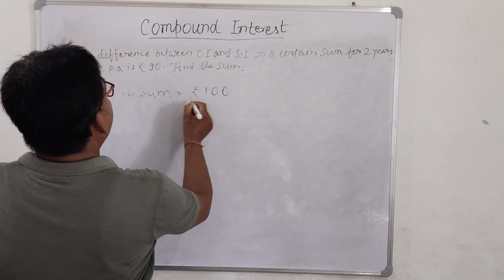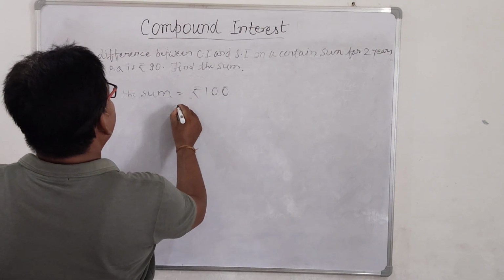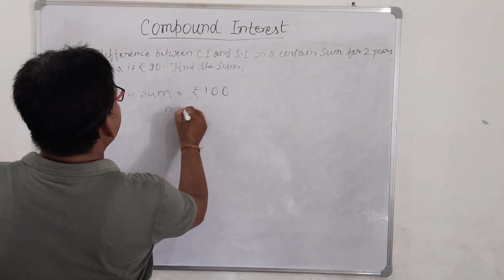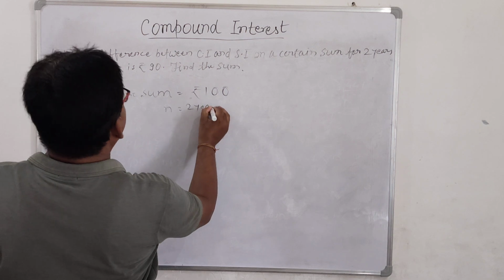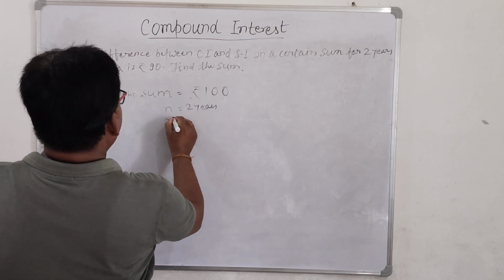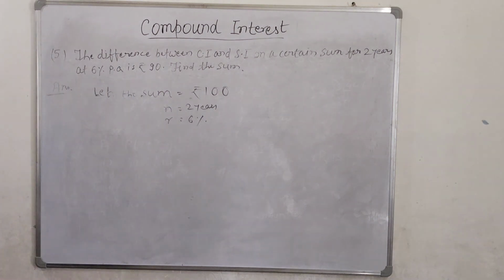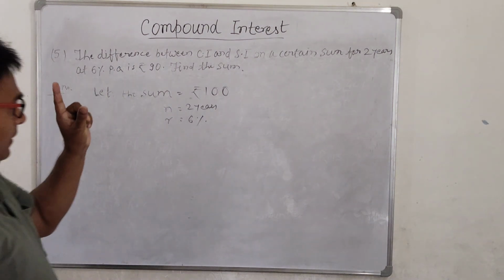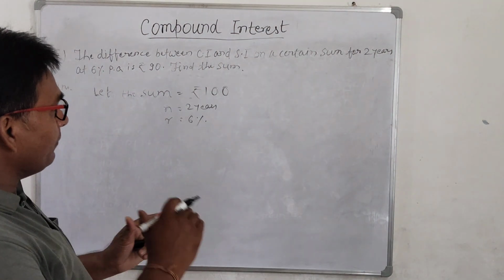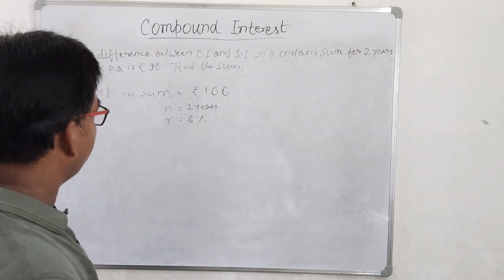Now time is given here, that is n is equal to 2 years, and rate is equal to 6%. So first of all we will find simple interest, and after that we will find compound interest.